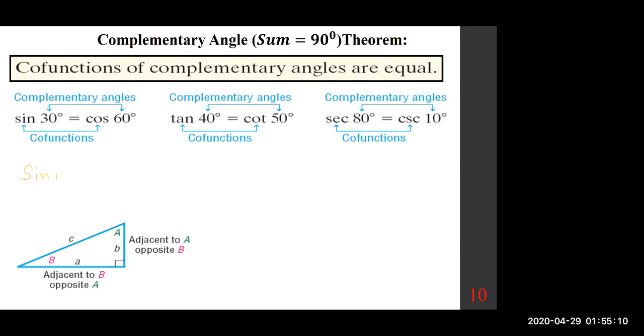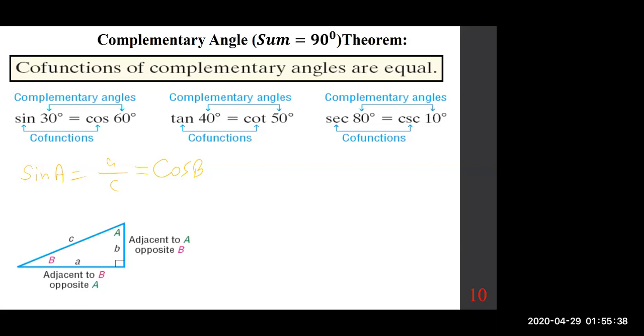Sine A. What is sine A? Opposite of A is what? Lowercase a over the hypotenuse, okay? Now, I hope you see that this is the same as cosine B. Do you see that, everybody?